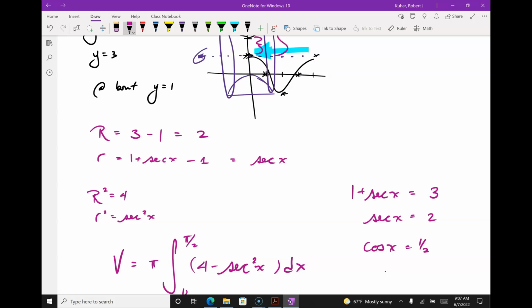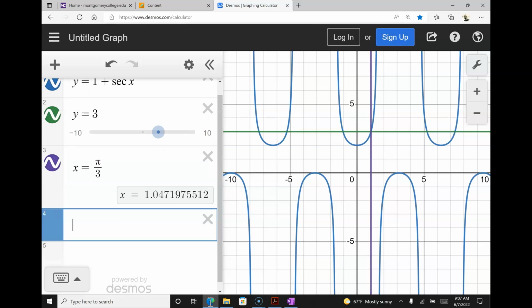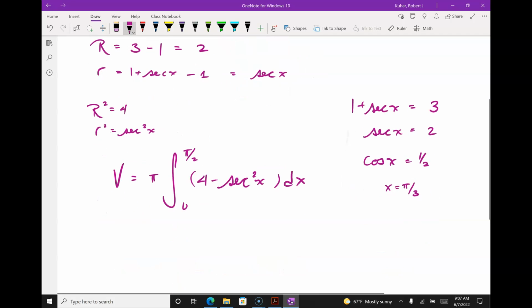So pi over 3. Let me double check that. Yep. And I actually made a mistake here because it's minus pi over 3 to pi over 3, right?